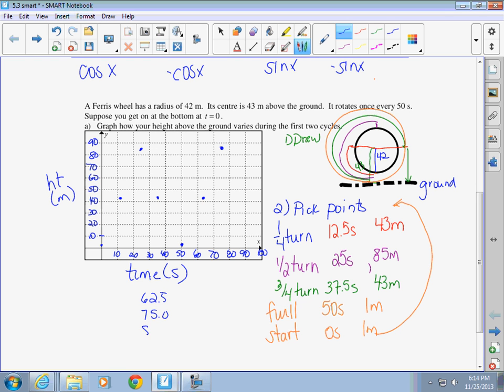Then at 87.5, I'm back down at my 43. That's pretty close. And then at 100, I'm right back where I started from, which is the 1. So my graph, if I plot this, is going to look like that.